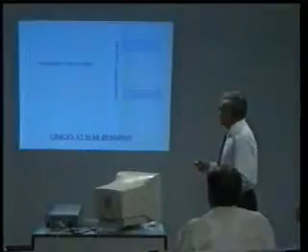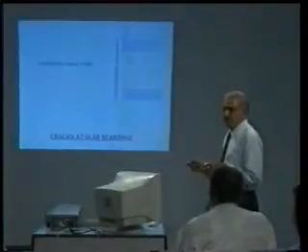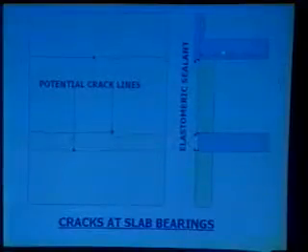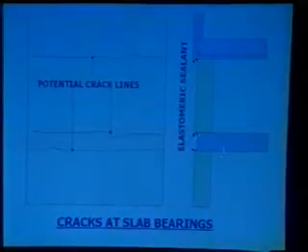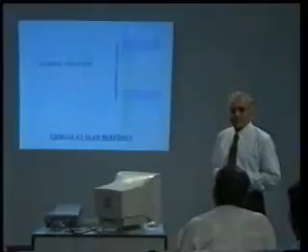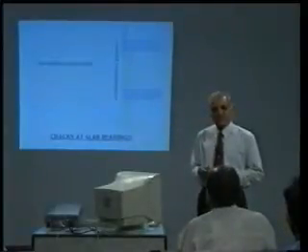Now, these are bound to crack because of the differential behavior of the wall with respect to the slab. So, if you provide an RCC fascia at a slightly extra cost, this junction would not crack up. If you have a slab bearing to the full width of the wall, this is definitely going to crack up at these places. Now, these places should be filled up with elastomeric sealants, and should you do that, this kind of unsightly cracks that you saw in the previous photograph can easily be avoided.